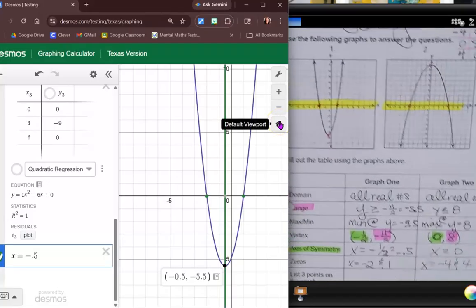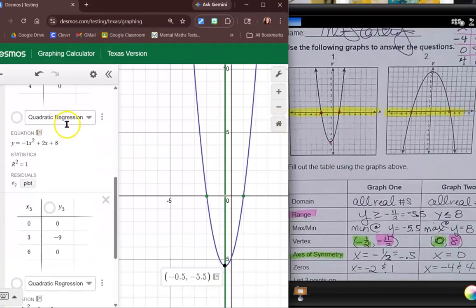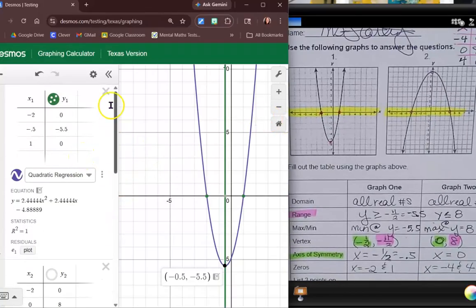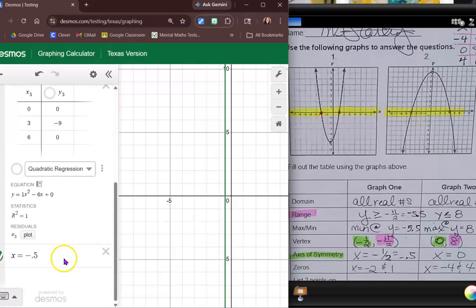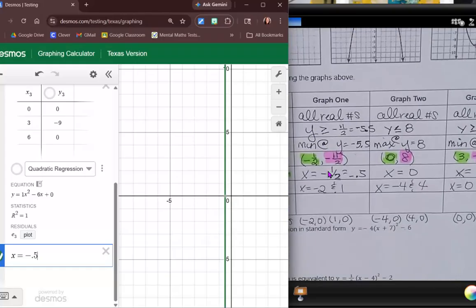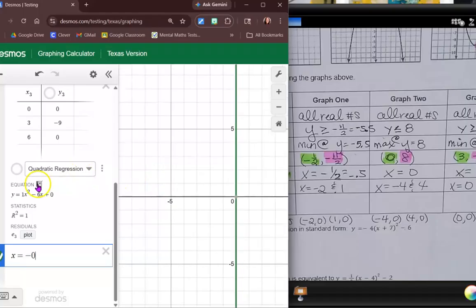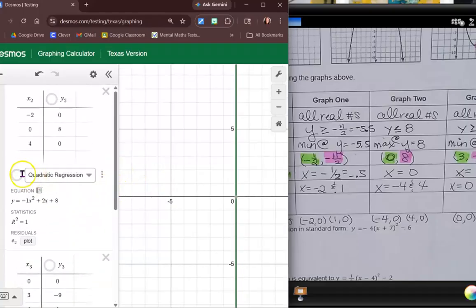And then the same thing for the other one. I'm going to clear this one out. And then this next axis of symmetry is x equals 0. And then I'm going to turn these points on.